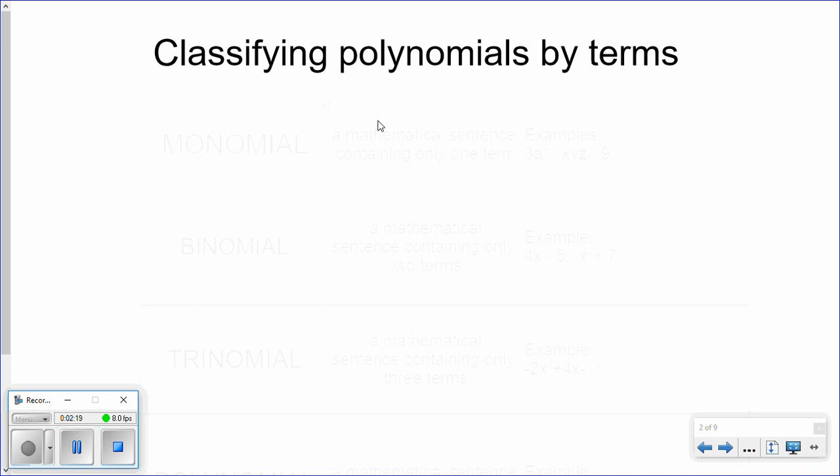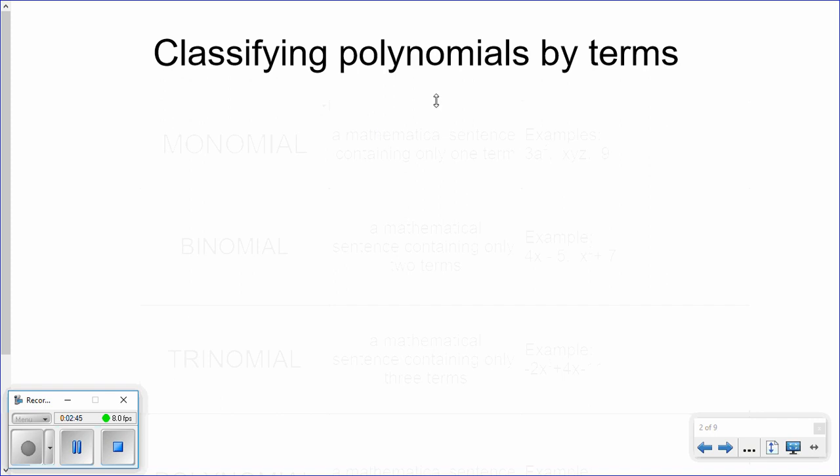So you need to be aware of these names. I will be asking you questions like how many terms does this one have and what's it called based on that. Typically that's not going to be a question on an SOL, but they'll just throw this verbiage at you and you need to be fully aware of what it means, so you're not like, oh crud, I don't know what that is.